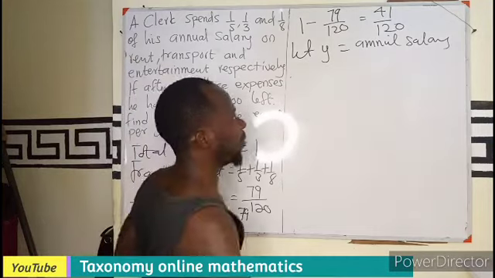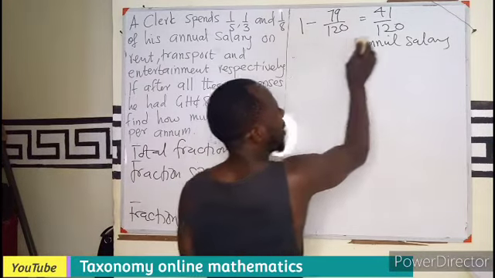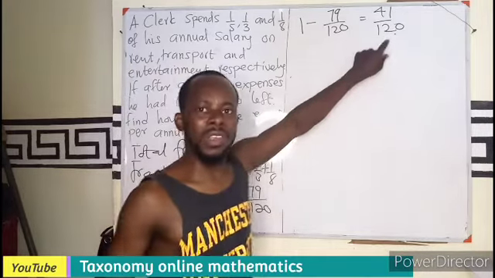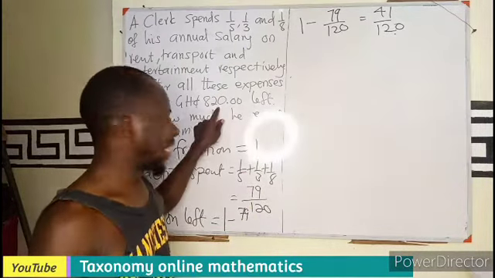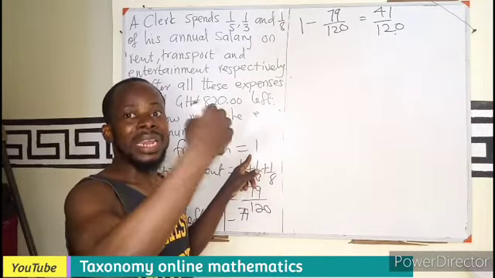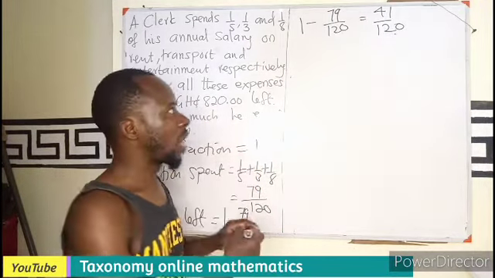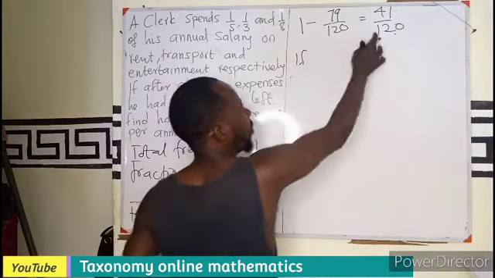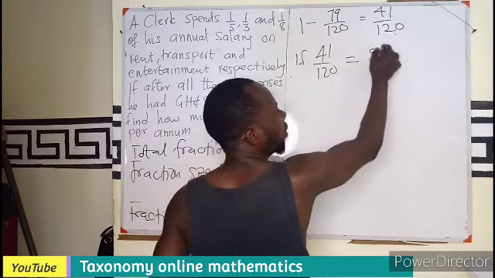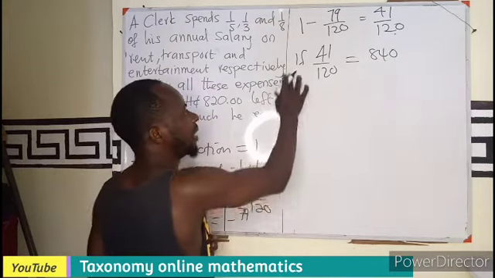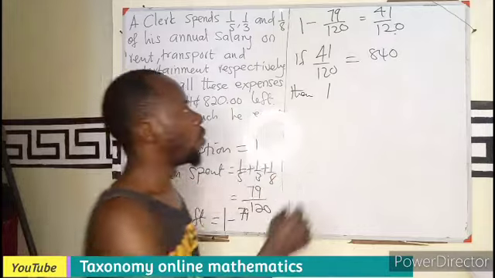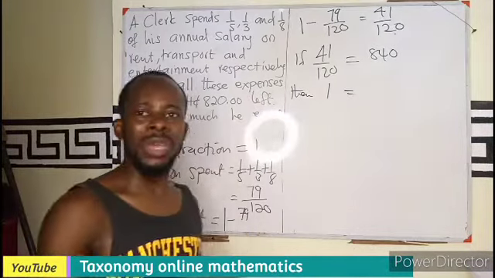So from here, we can also say that after I find the fraction left, this corresponds to this, then the one corresponds to the annual salary. So I will say that if 41 over 120 corresponds to 840, then 1, which is the total fraction, will correspond to the amount we are looking for.